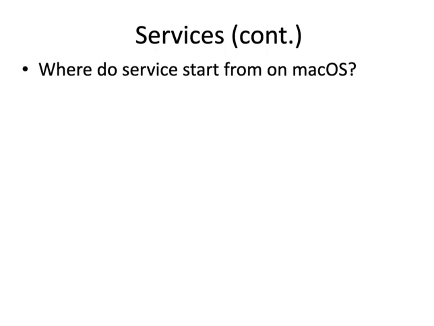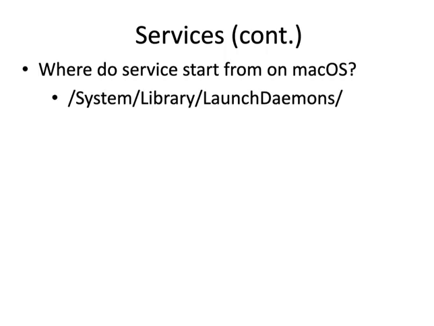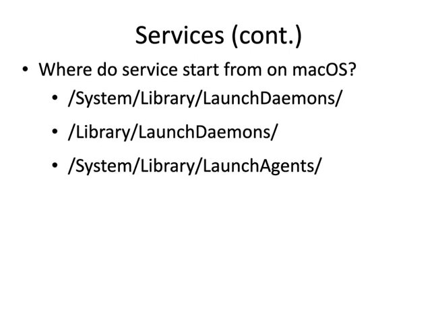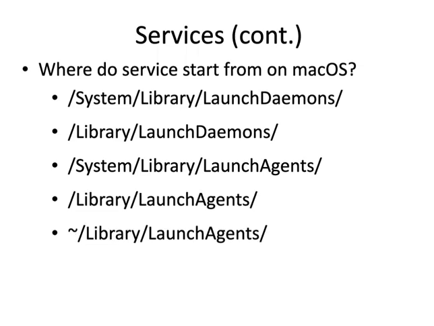On Mac OS, I told you that they use something called launchd. So launchd will look in /System/Library/LaunchDaemons, /Library/LaunchDaemons, /System/Library/LaunchAgents, /Library/LaunchAgents, and in the user's home directory, Library/LaunchAgents. I'm going to kind of sidebar here for a second.